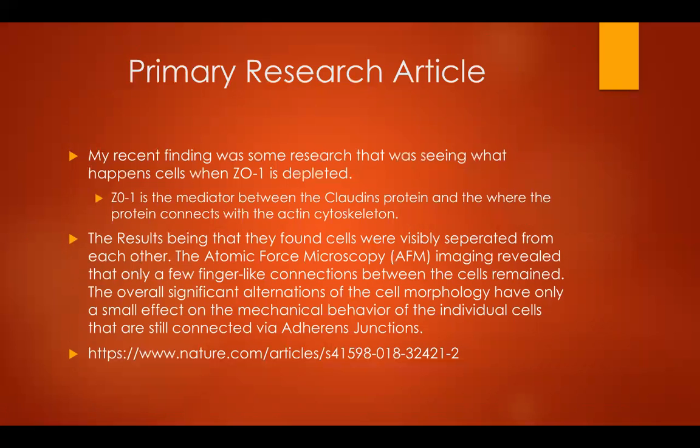The results being that they found cells were visibly separated from each other. They used atomic force microscopy imaging, which revealed that only a few finger-like connections between the cells remain. The overall significant alterations of the cell morphology have only a small effect on the mechanical behavior of the individual cells that are still connected via adherens junctions.